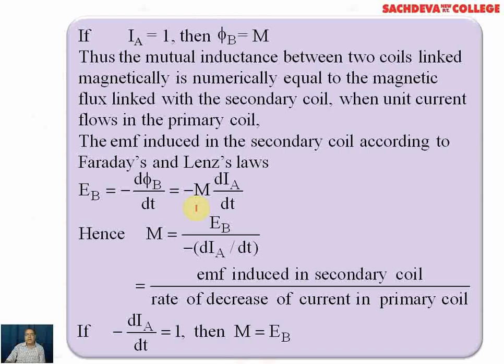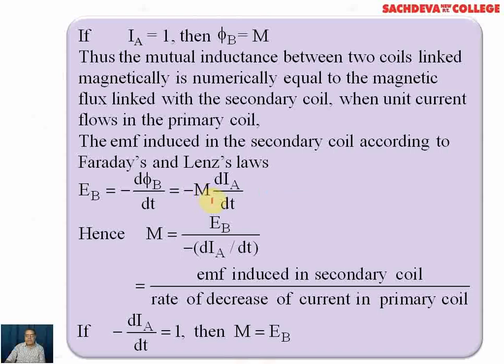According to Lenz's law, the direction of the induced EMF is such that it opposes the cause which produces it. That's why a negative sign is indicated in the equation. So E_B is equal to minus d phi B by dt, which is equal to minus M dI_A by dt, where phi B is the flux generated in the second coil.